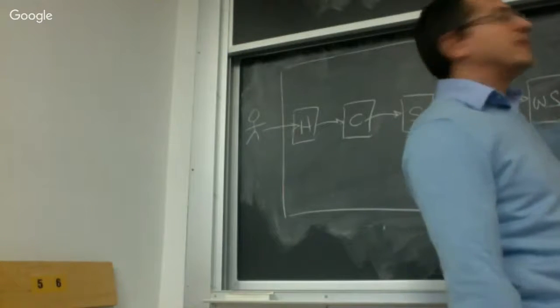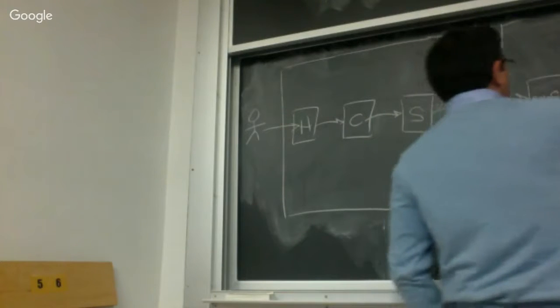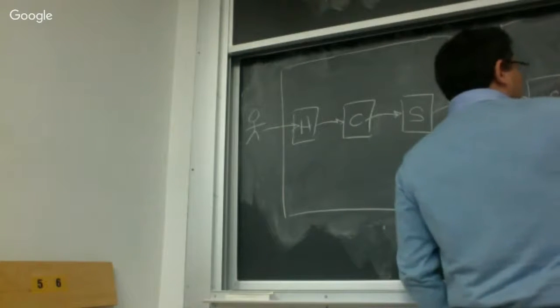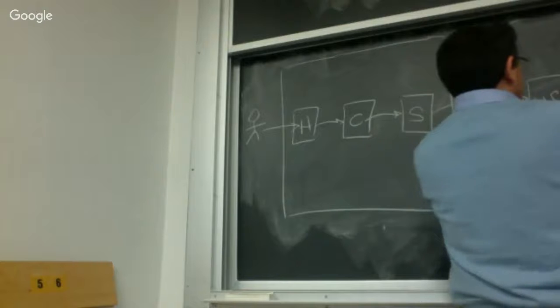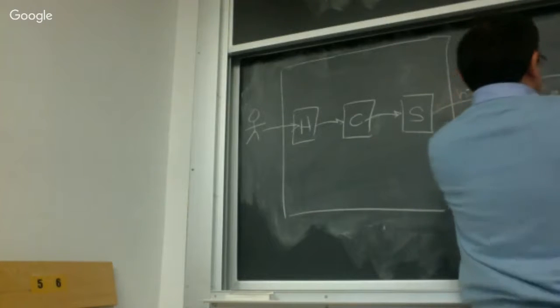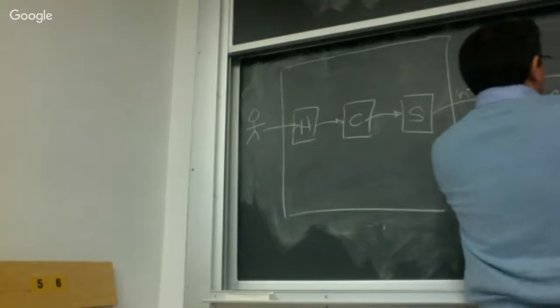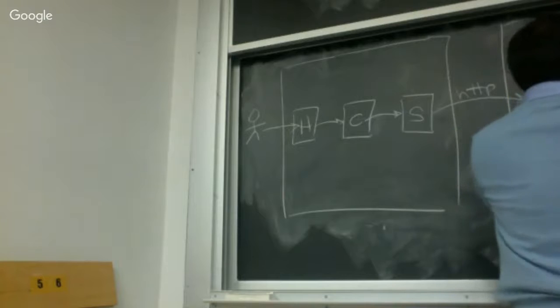This one is not responsible for manipulating the data, but it is responsible for converting the HTTP to some object representation, which then gets sent over to the model.